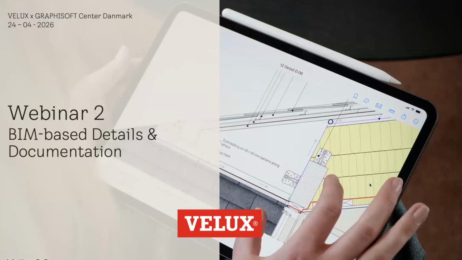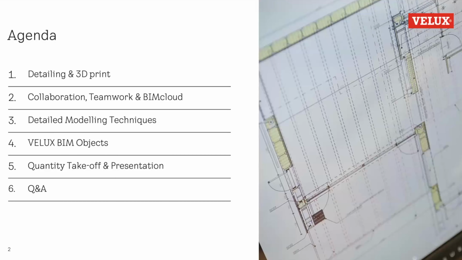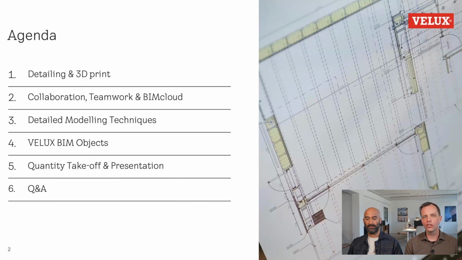So once again, welcome to this webinar, BIM-based details and documentation. Today we're going to go through quite a lot of different subjects about why it makes sense to use BIM as a detailing workflow. So we're going to talk about what detailing is, a little bit about 3D printing, and then we're talking about collaboration, how several people can work together with the same project at the same time.